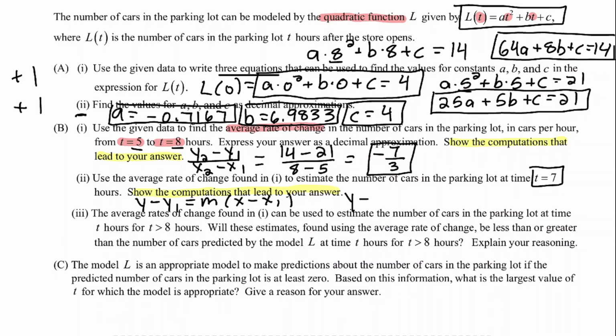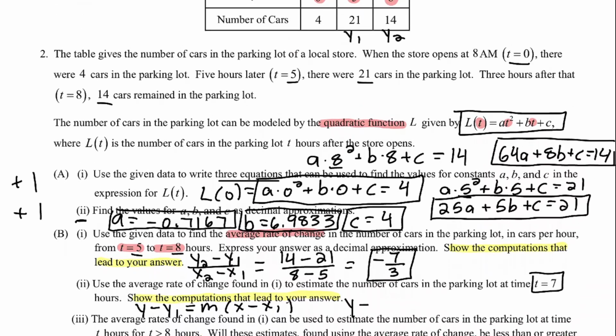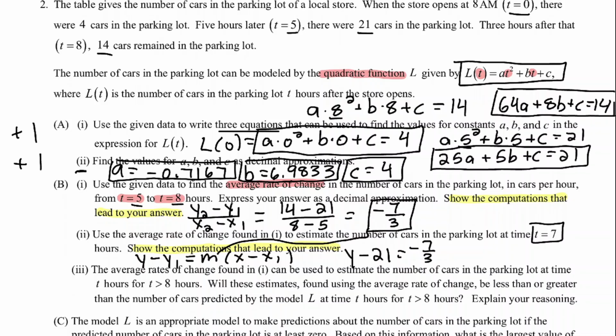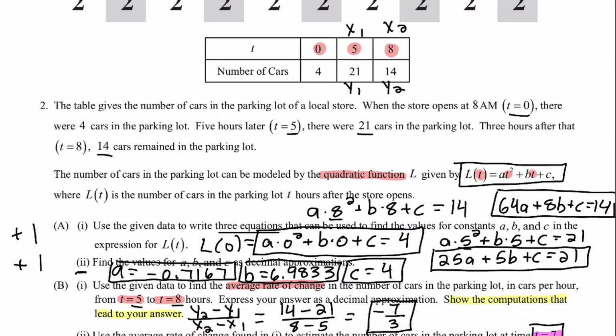So I'm going to plug in y1. Again, y1 was 21. M is the slope that I got from part 1, so I'm going to use negative 7 over 3. I want to find when t is equal to 7, so I'm going to plug a 7 in for x, since that's what they wanted. And then again, x1 is 5.